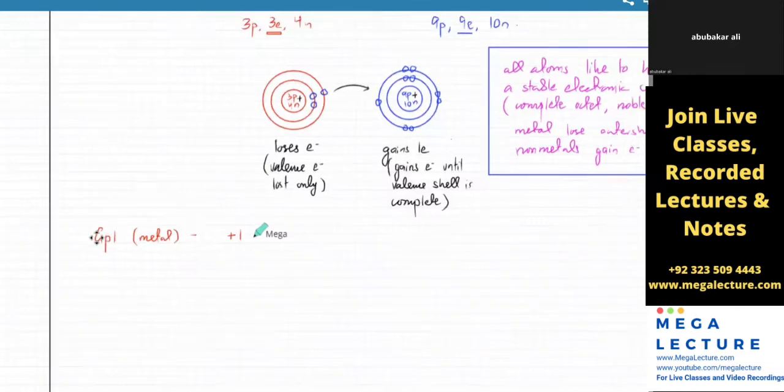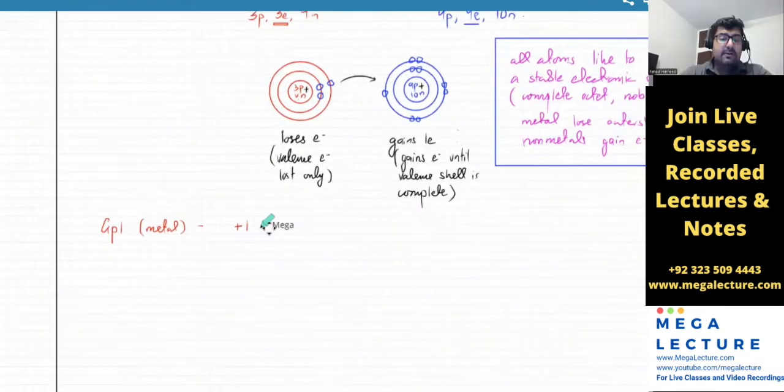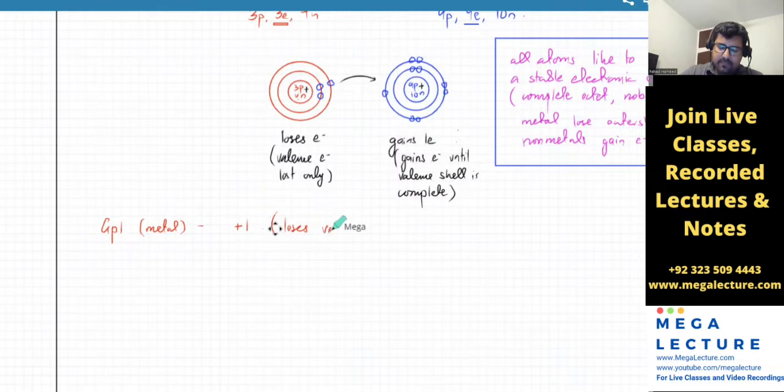Yes, sir. So it's a metal, it's going to lose electrons, right? So it's going to lose one valence electron. So it loses one valence outer shell electron. So one valence electron lost.